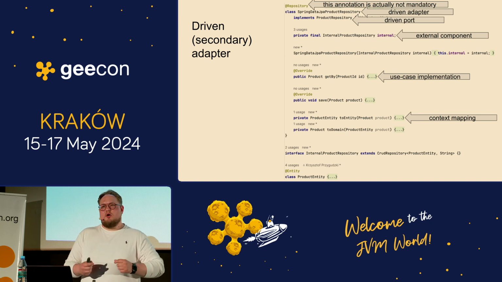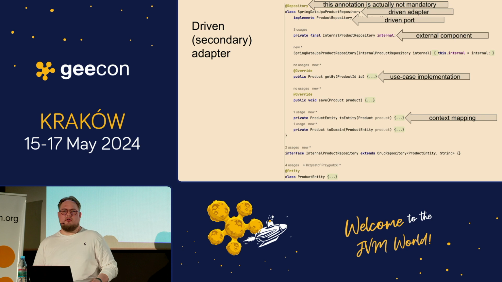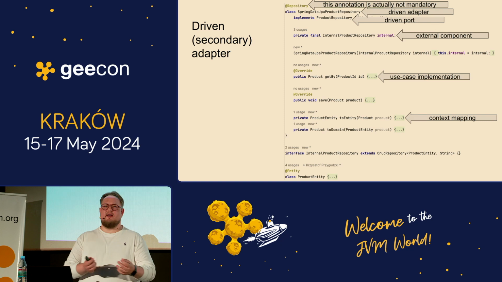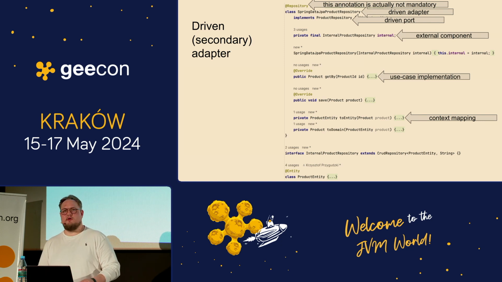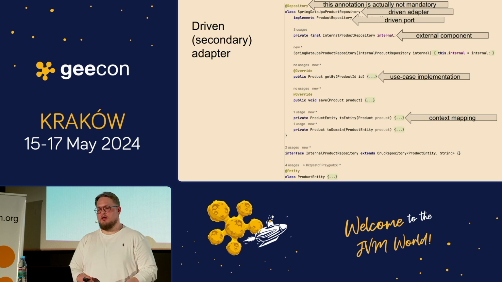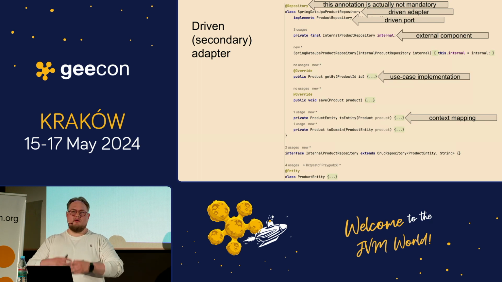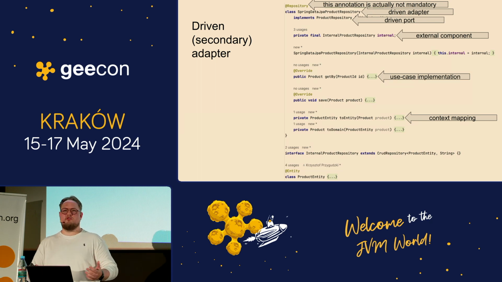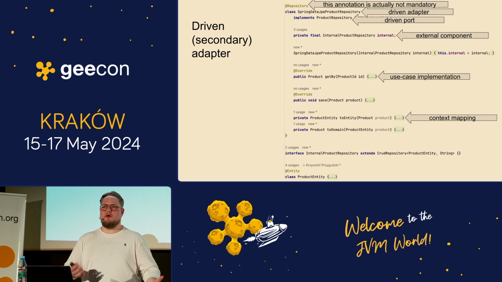With CRUD repository, the way we usually work with it is that we store the entities, but these are persistence layer entities, so they are part of the persistence model. What we want from our domain repositories is to work with entities from our domain model.